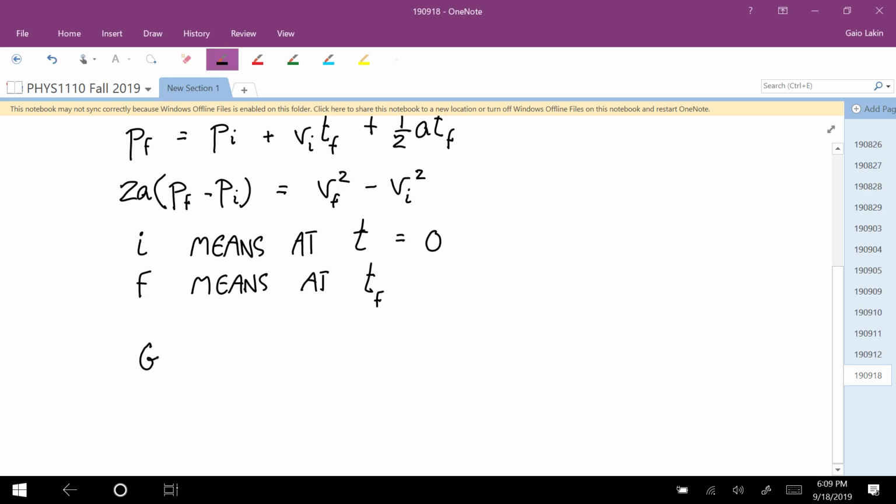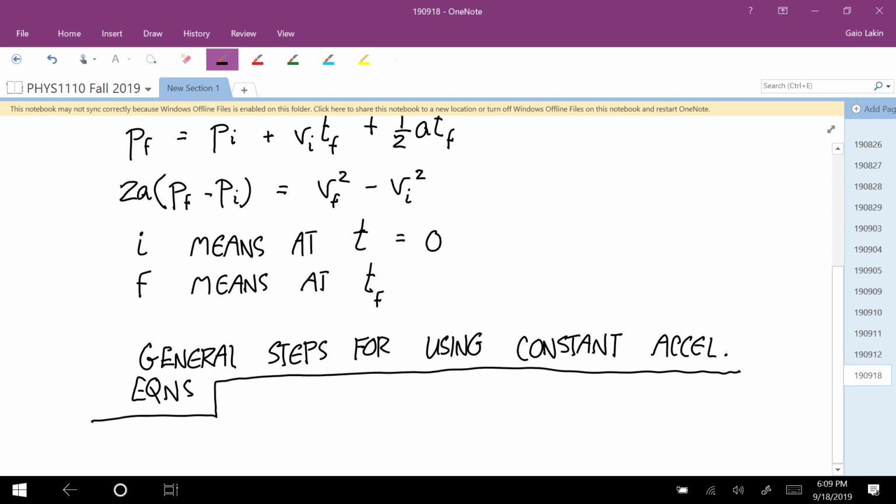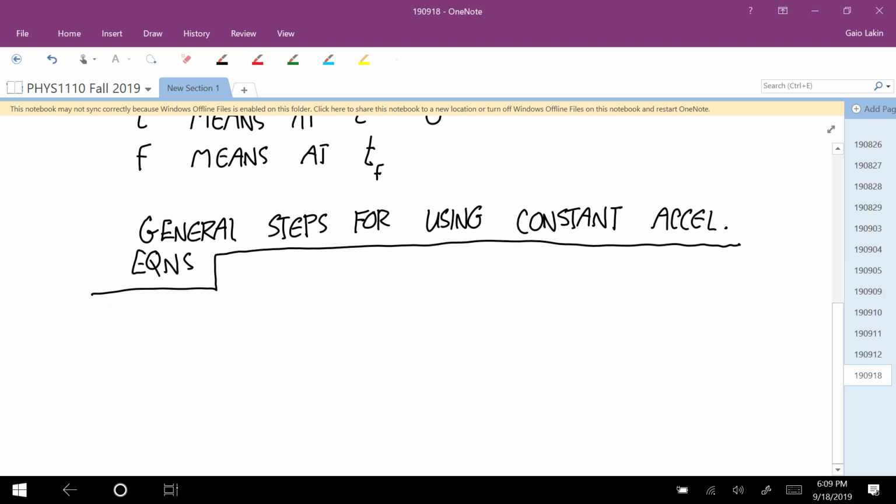Okay, so here is a general set of steps for using the constant acceleration equations. So the first thing you have to do is make those choices.